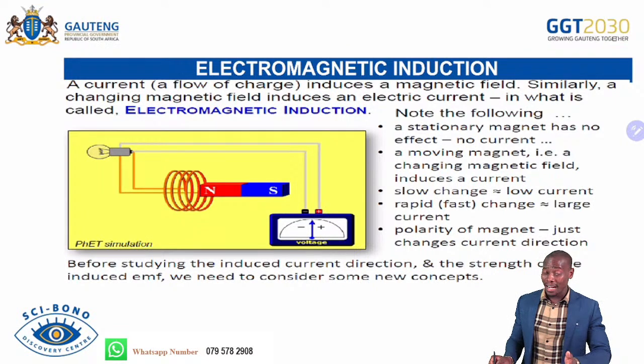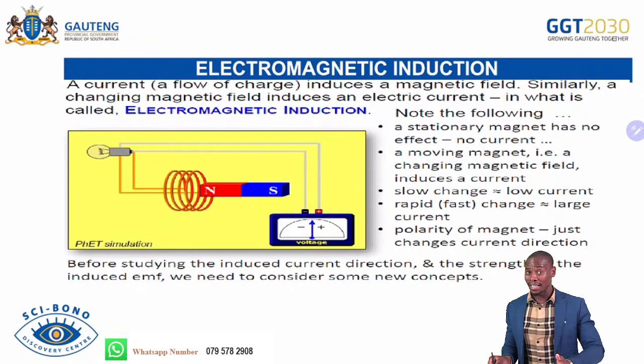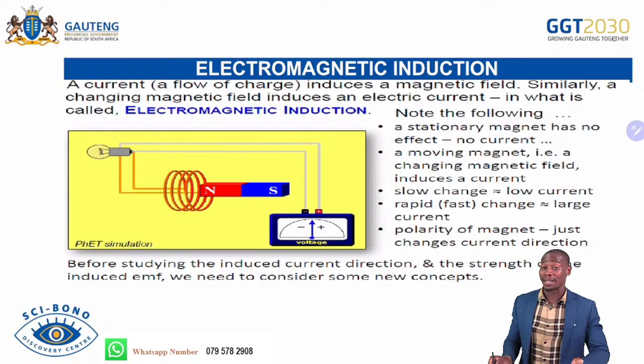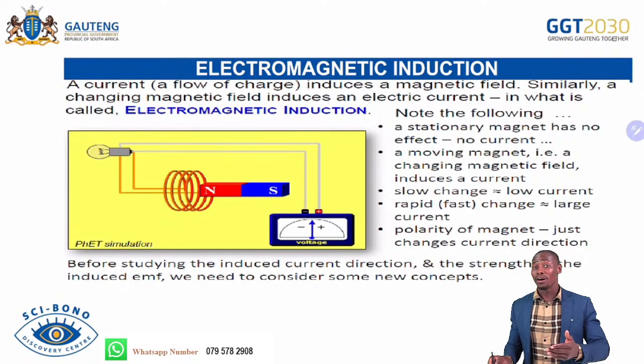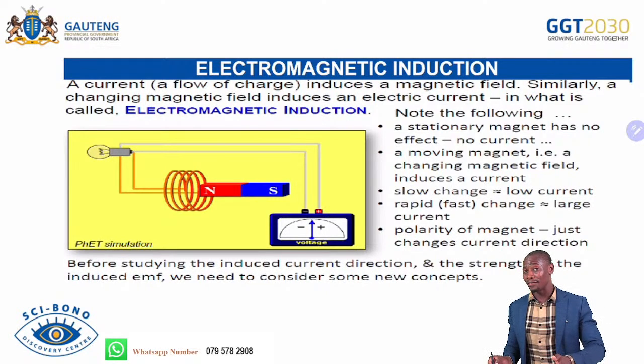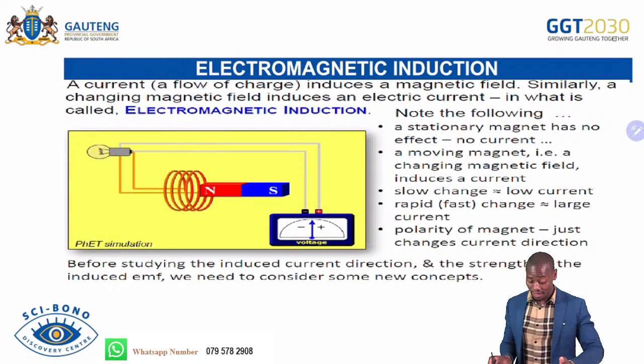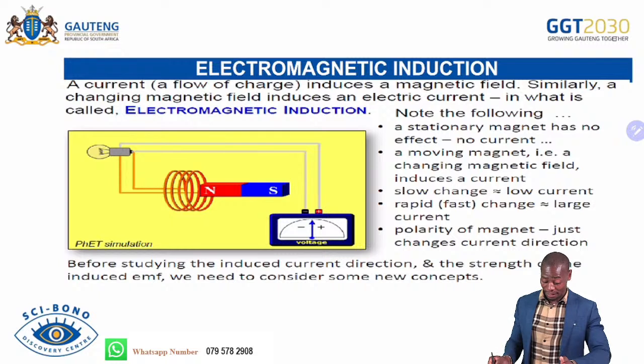So current produces the magnetic field, and the changing magnetic field will induce current. That is electromagnetic induction.